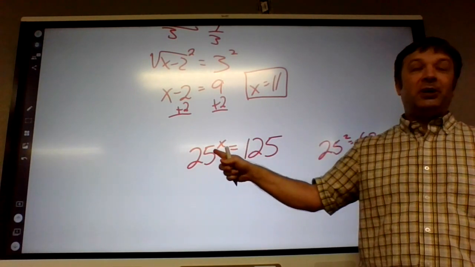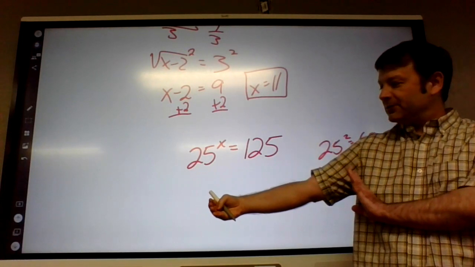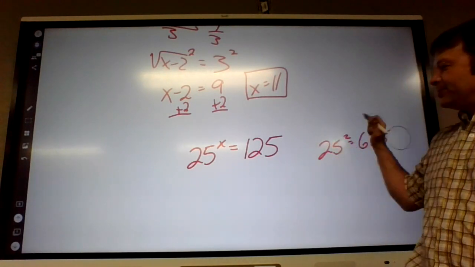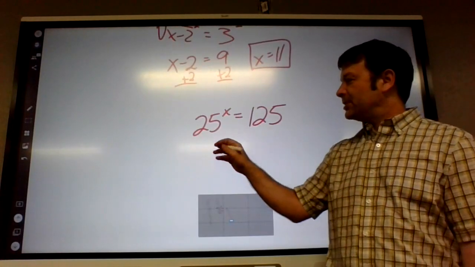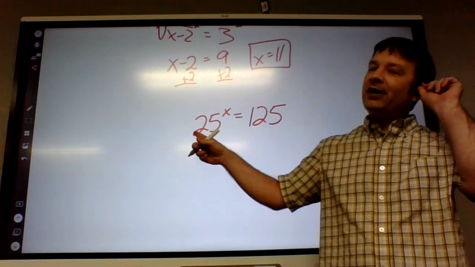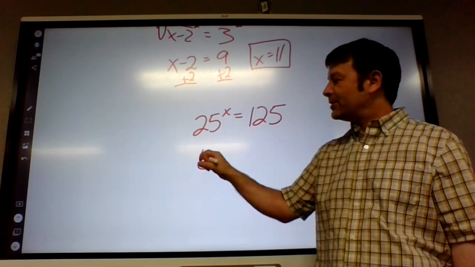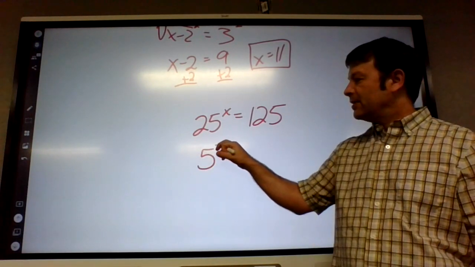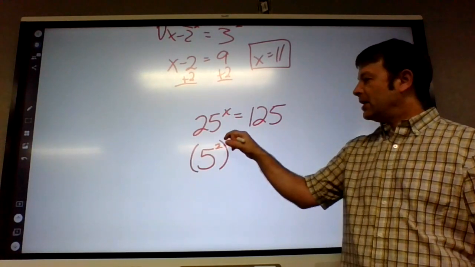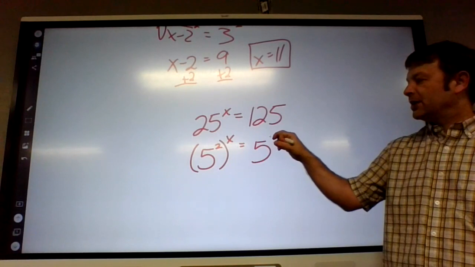There's actually a way we could solve this using logs. This is before the log chapter, but we'll do that later. Something suspicious about this one. These are both powers of 5, so this only works if... 25 is 5 to the what? 5 squared. 125 is 5 to the third.